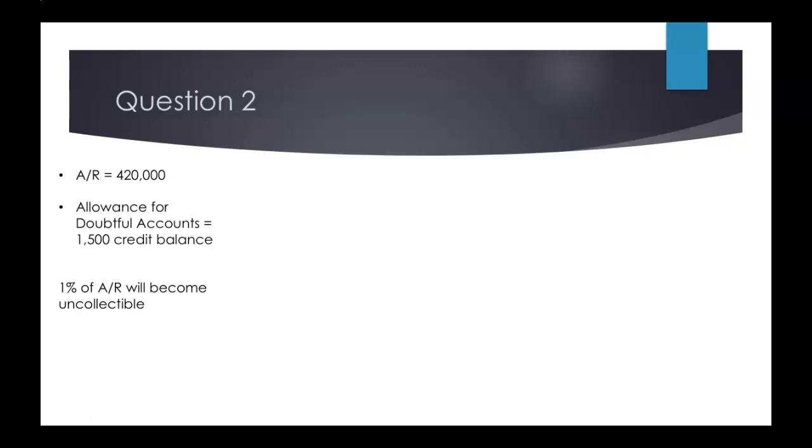So we have our information again over on the left, and we need to figure out 1% of our accounts receivable. So 1% of accounts receivable will be your $420,000 balance times 0.01. So 1% of your accounts receivable is $4,200.